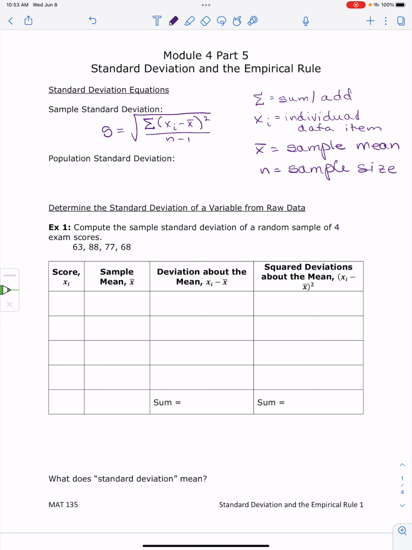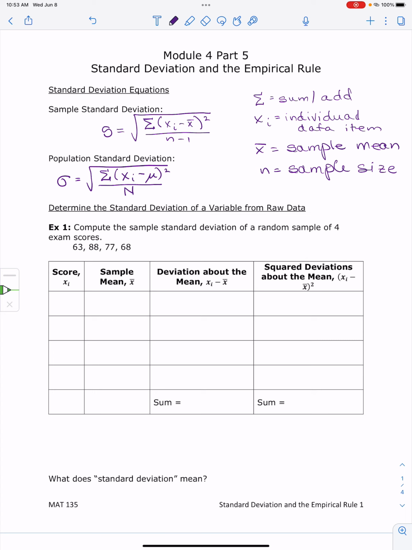For our population standard deviation, instead of the S, we use the sigma. Again, square root. And this looks the same except for the notation that is now specific to the population instead of the sample.